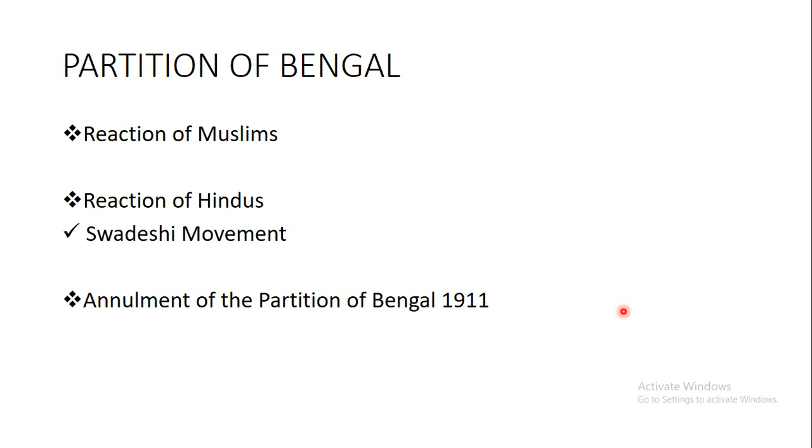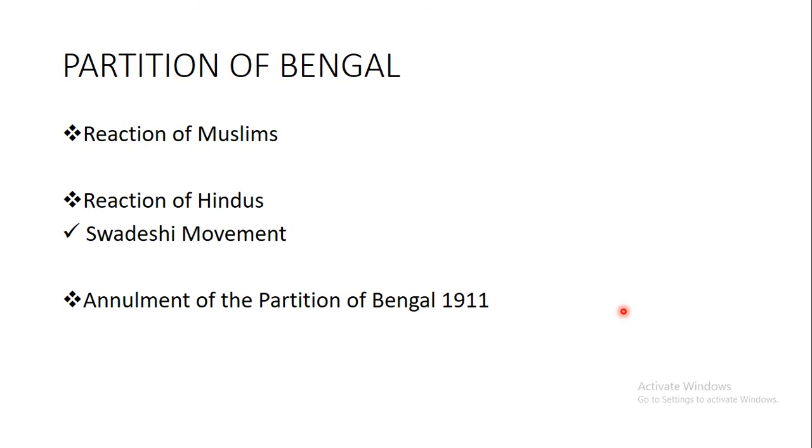Now comes the reaction of Hindus. The reaction of Hindus towards the partition of Bengal was very negative, and they reacted in a hostile and violent manner.